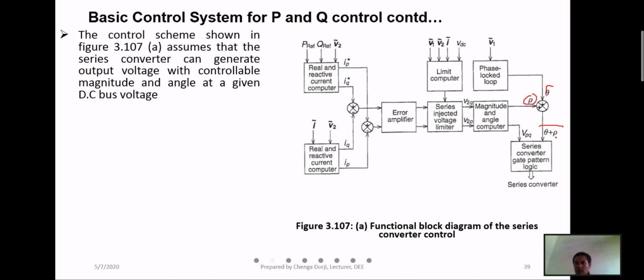This theta is given to the gating of the series converter, and then the series converter will fire and start injecting the voltage. So this is what you have.